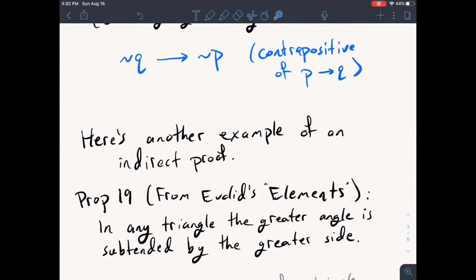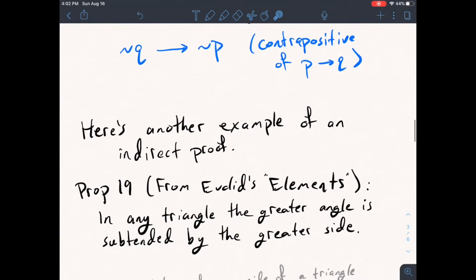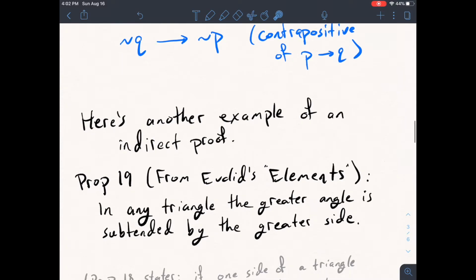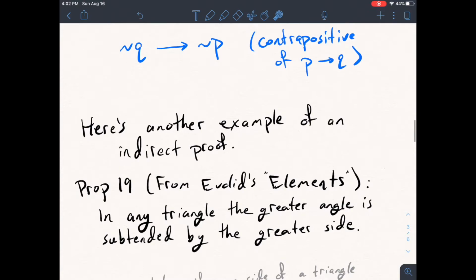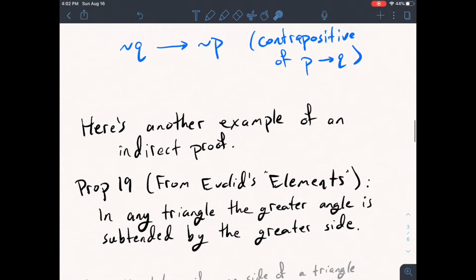This is where he built up his axiomatic system for geometry and started proving a bunch of things from it. In this book, Proposition 19, he shows that in any triangle, the greater angle is subtended by the greater side. I'll show you a picture of what this actually means in a second.